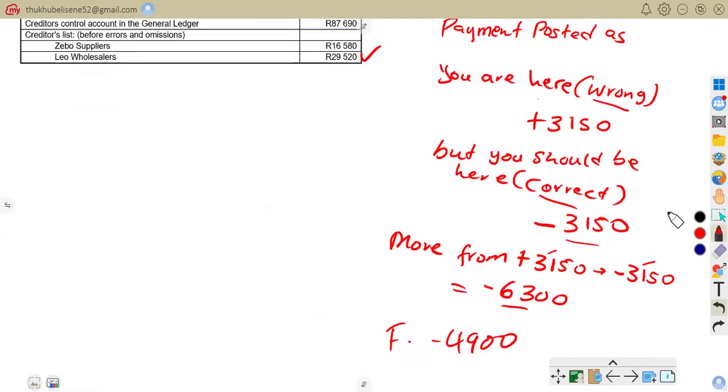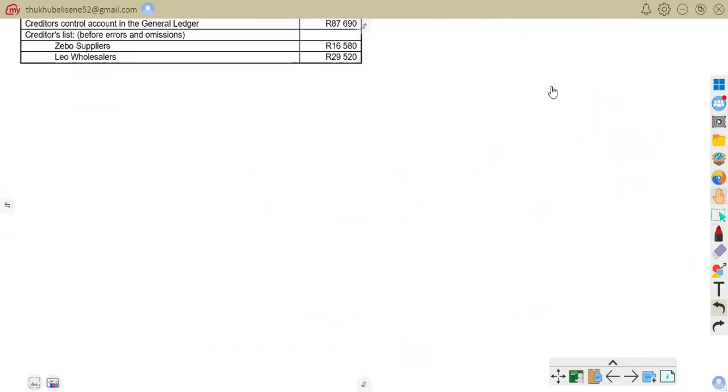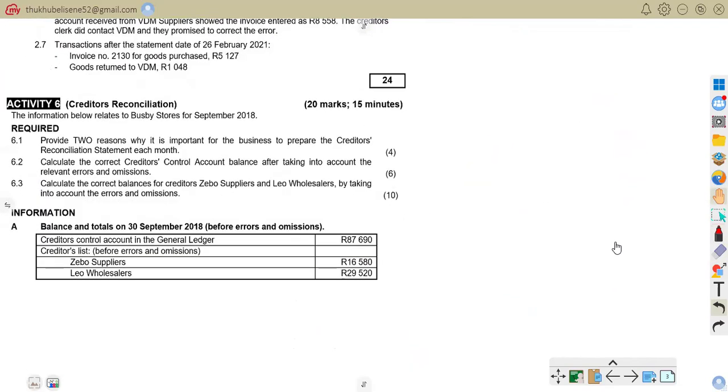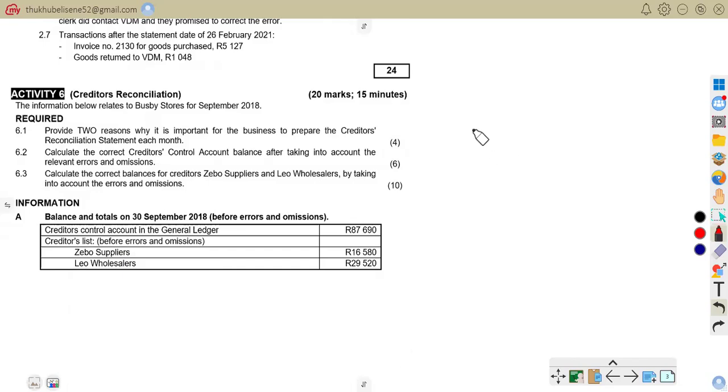So now we are to do our final calculation for Leo. We have the amount that we started with, 29,520, minus 6,300.